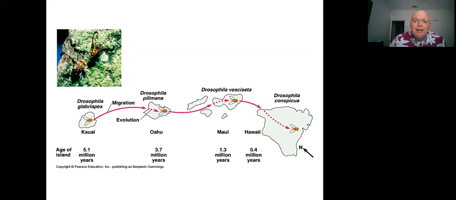So fruit flies have come out of Southeast Asia, and we can see the progressive movement of fruit flies through the islands. And you can see that the islands are progressively younger as you move eastwards, and that's because the Hawaiian Islands are the product of a hotspot, a geothermally active region on the floor of the Pacific Ocean.